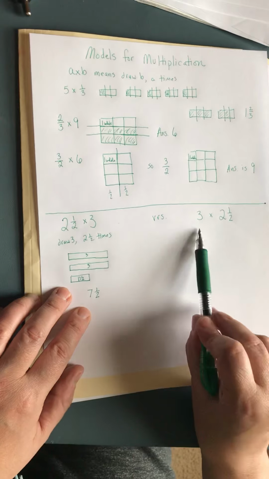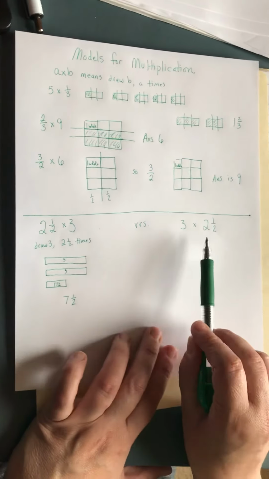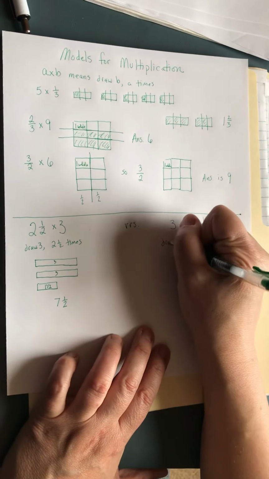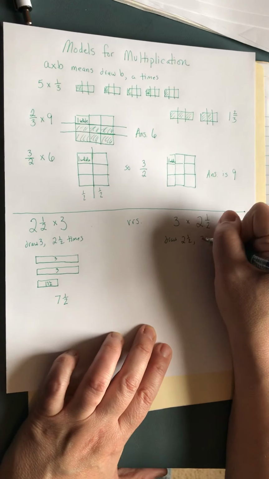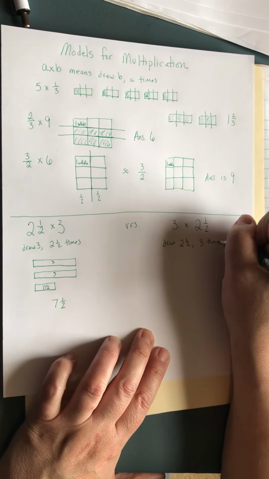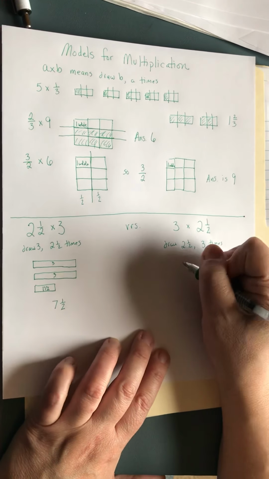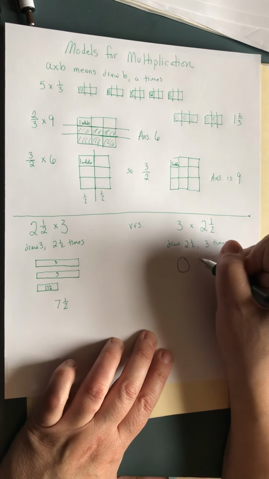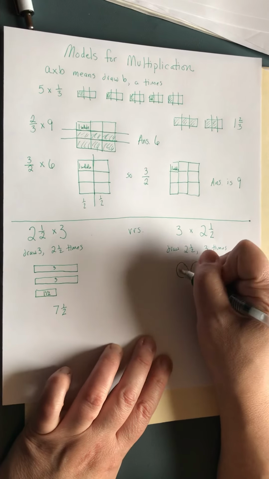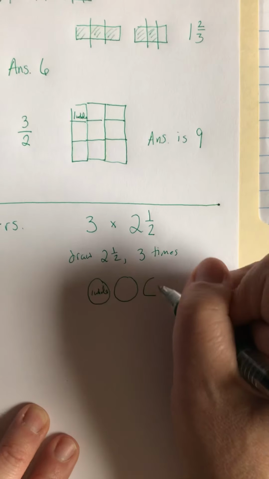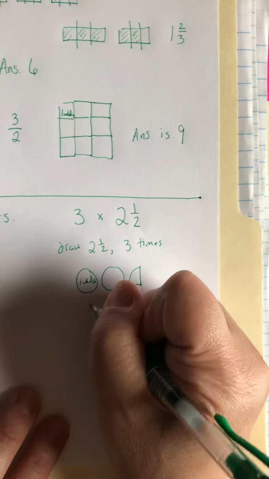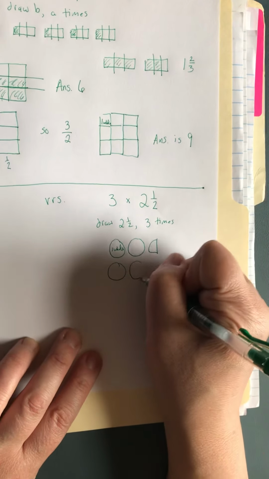Versus over here, draw 2.5, 3 times. So let's draw 2.5. Now I'm going to call this a whole. I'm going to draw 2.5 three times.